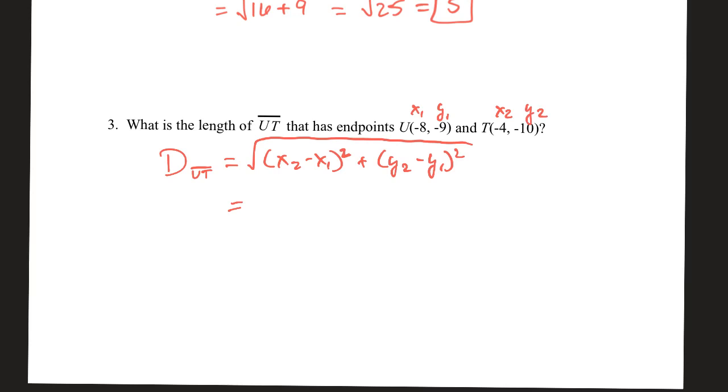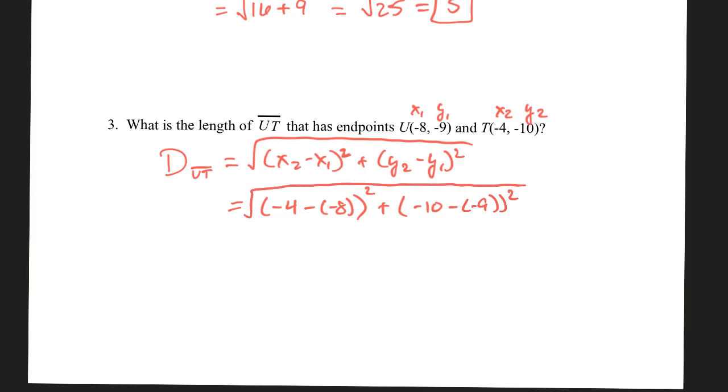My x2 is -4 minus a -8. Again, put that -8 in parentheses so you can see you are subtracting a negative. My y2 is -10 minus a -9.